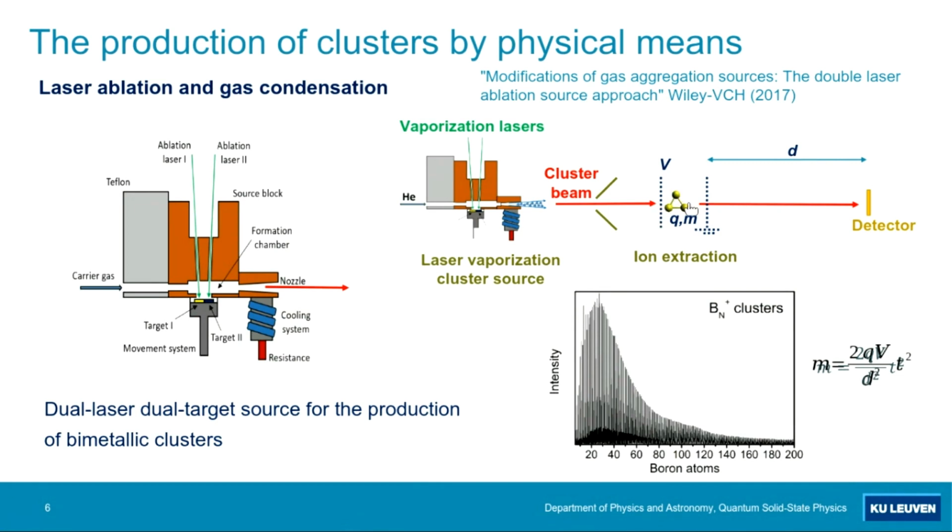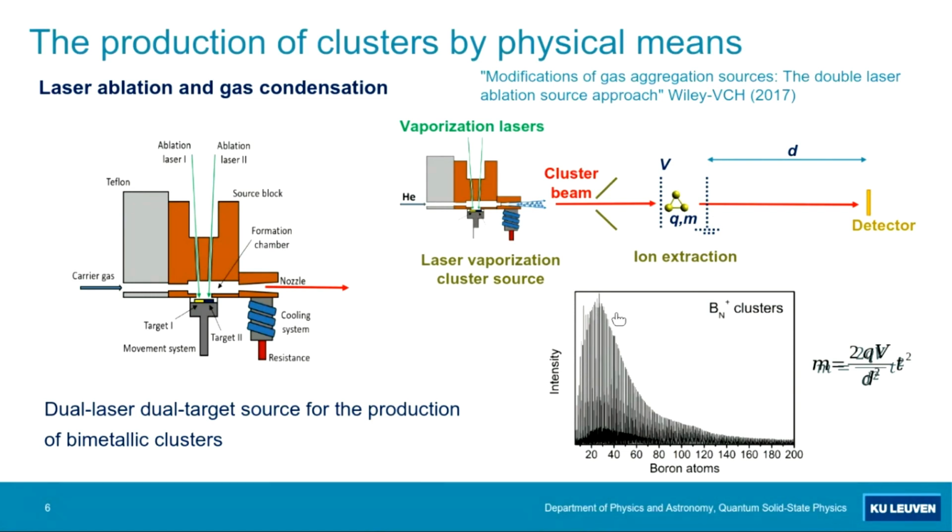And so, of course, just by Newton's law, they will need different times to get to the detector. So the particles that are lighter will reach the detector much faster because they will feel a much stronger acceleration by this potential difference. So actually what we do is we measure the intensities at the detector as a function of time, and then we get something like what you see at the bottom.